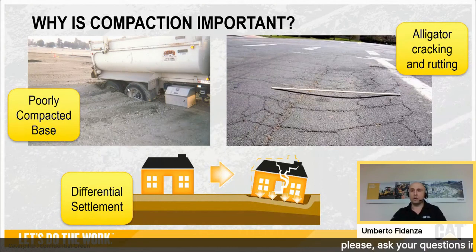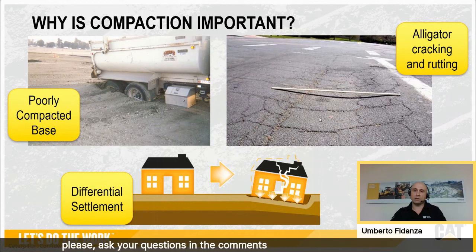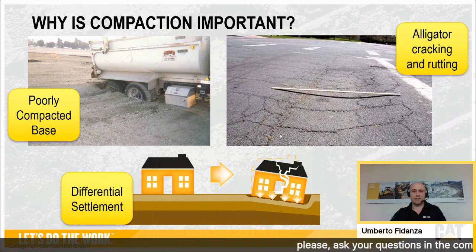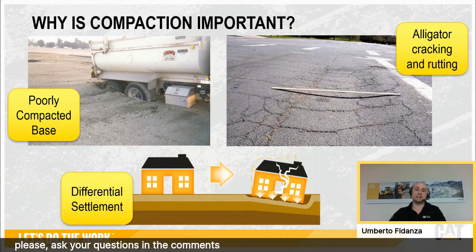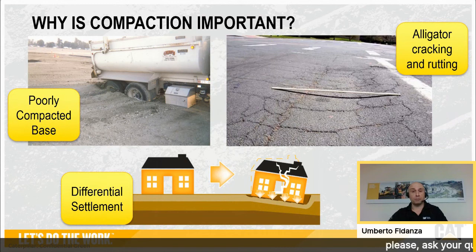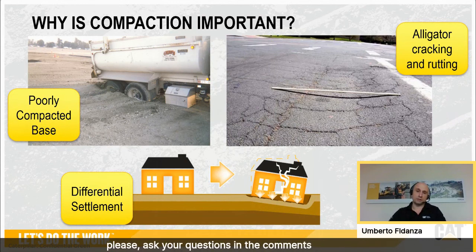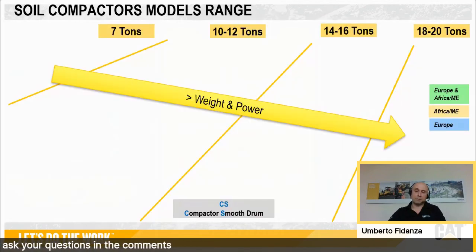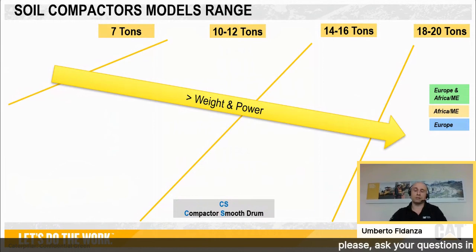You can have holes, depressions, alligator cracking on roads, rutting under the load of truck tires, differential settlement. So very serious effects. That's why it's very important that soil compactors do their job effectively and upfront before the construction of the overlaying infrastructure. So let's go a little bit through the Caterpillar soil compactor models range.